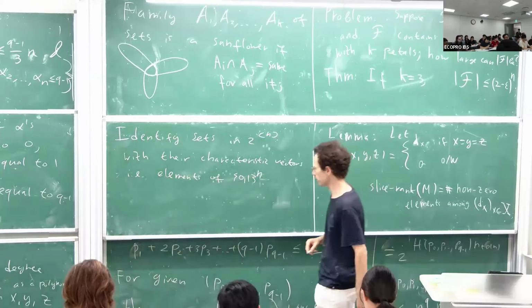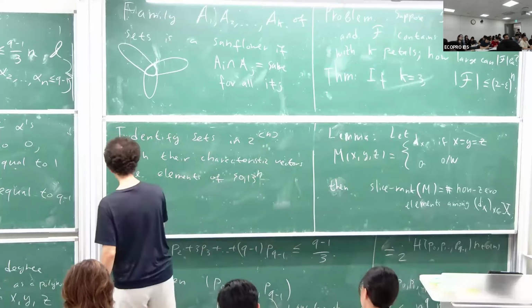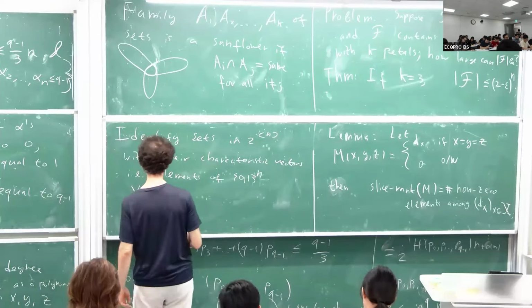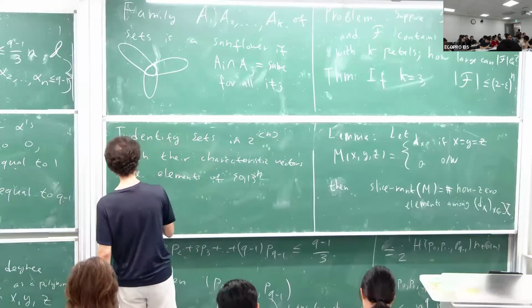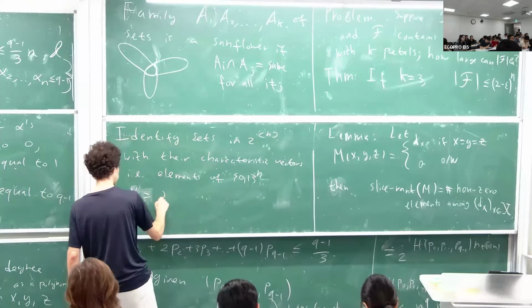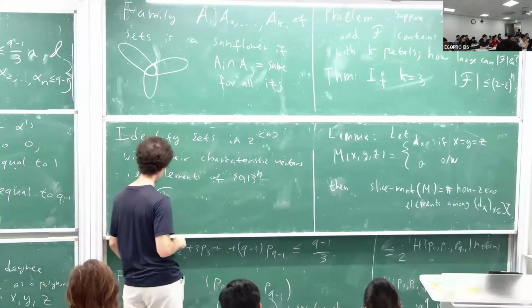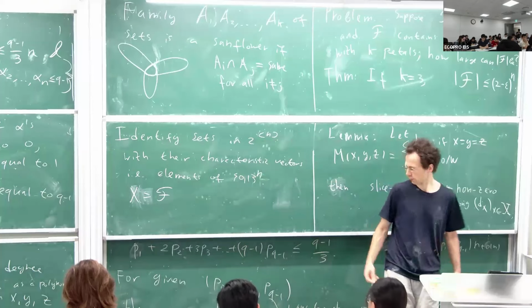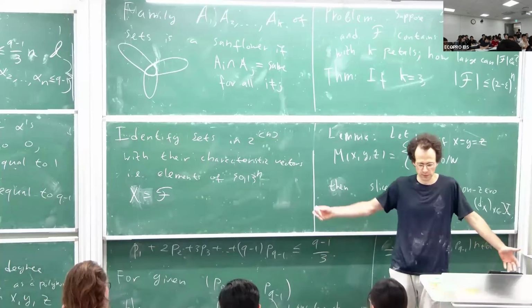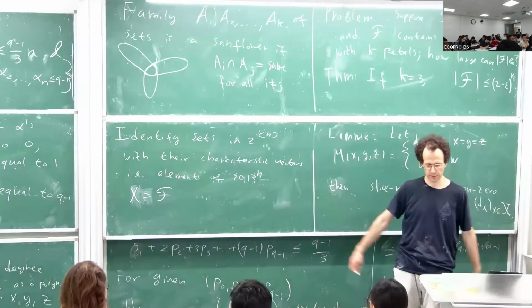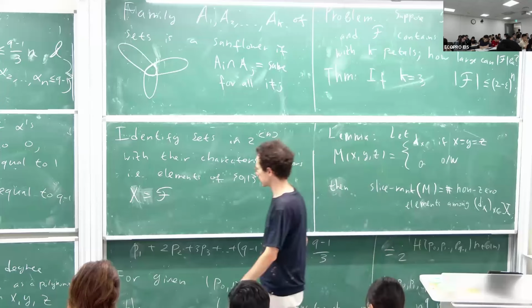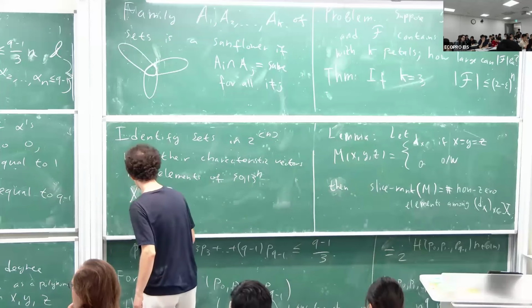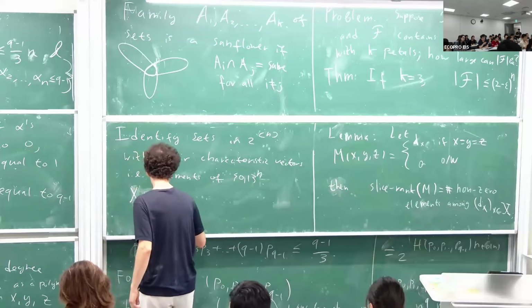And again, X is going to be F. So we're going to define a tensor indexed by X, Y, and the third coordinate, each in F. And what's my tensor? It's going to be M(x, y, z).